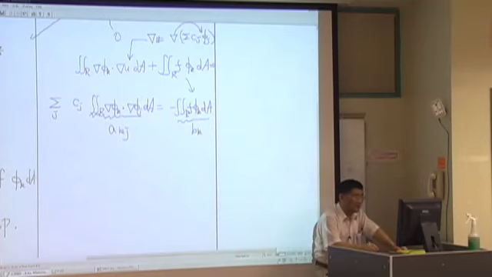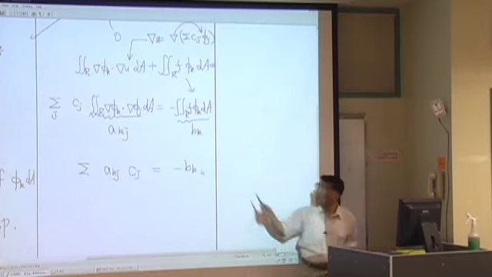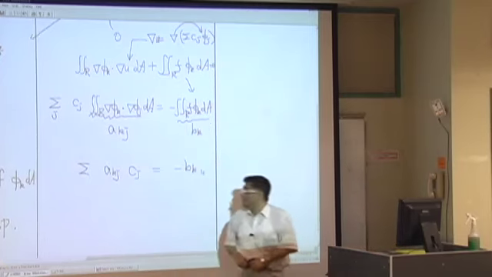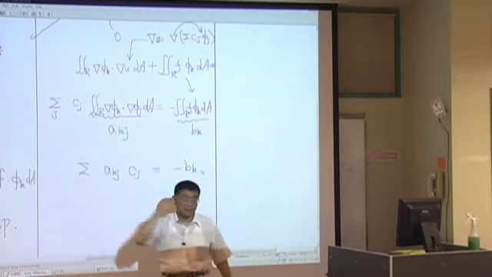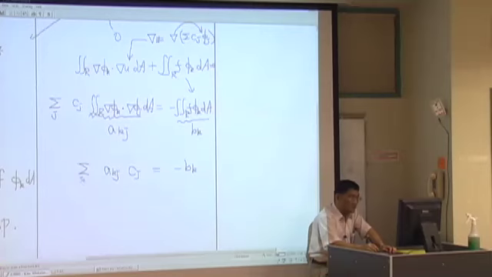You have AKJ multiplied by CJ equals minus BK. Or you can call the whole thing BK. It doesn't matter. Not very tough. Then if we write this thing in system form, with J running from 1 to P, we have a system.